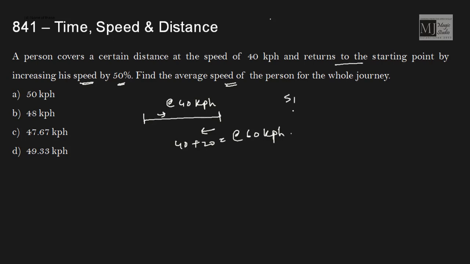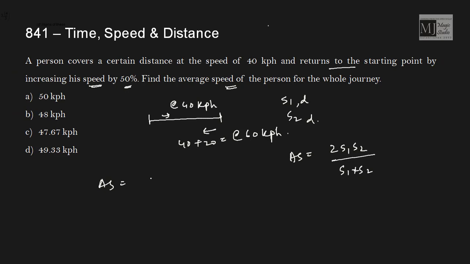When we have S1 and S2 covering the same distance, average speed is given by 2S1S2 upon S1 plus S2. So here average speed would be 2 into 40 into 60 by 40 plus 60, that is 100, 6 4 24, 48 kph.